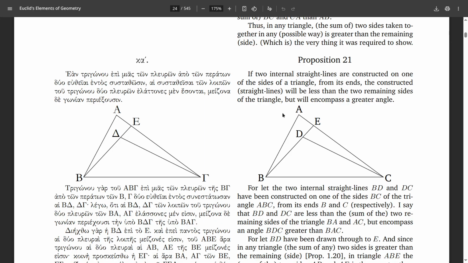Is that kind of the line I'm thinking on? If two internal straight lines are constructed on one of the sides of a triangle, what does that mean? On one of the sides of the triangle from its ends. I don't really even know what that means.